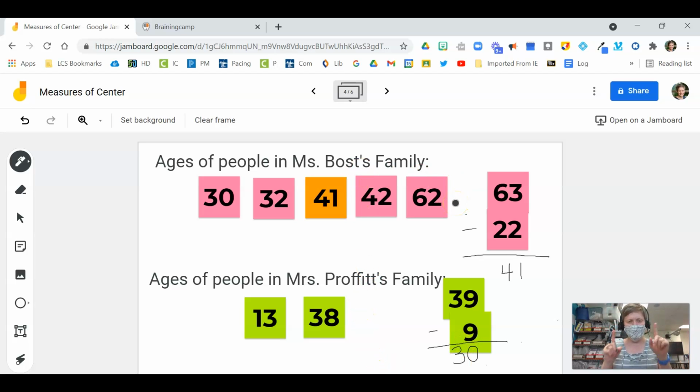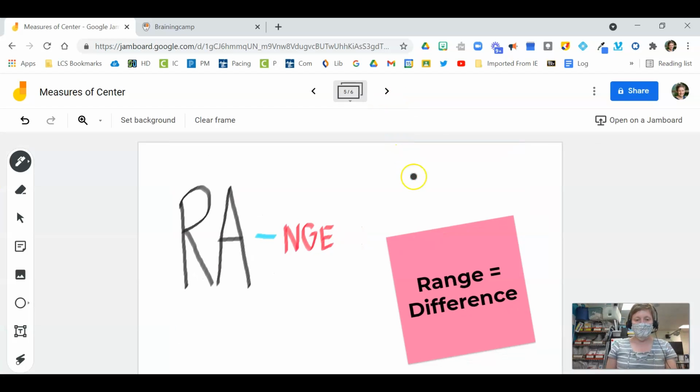So you might be able to think about those same kind of things with the range in your family and see what that might be between the oldest and the youngest. All right, here is something that you can use to remember what the range means. This is a picture that you have in your mind for range. I always think about the range as the difference, or a way to find that would be the biggest minus the smallest.